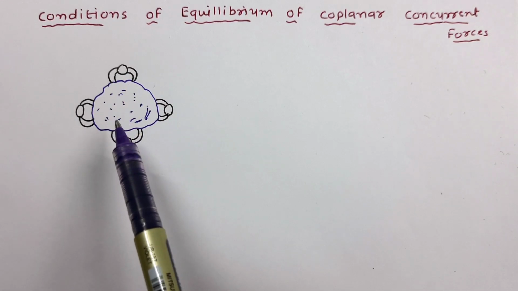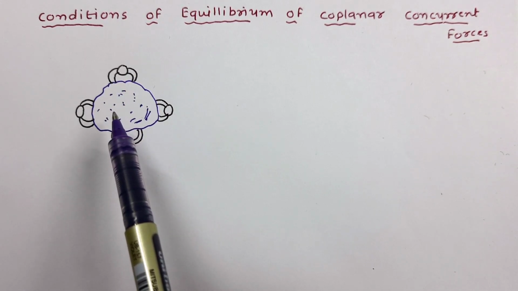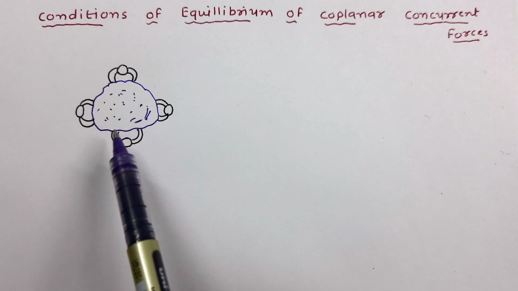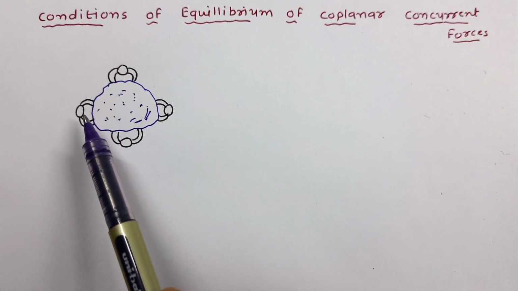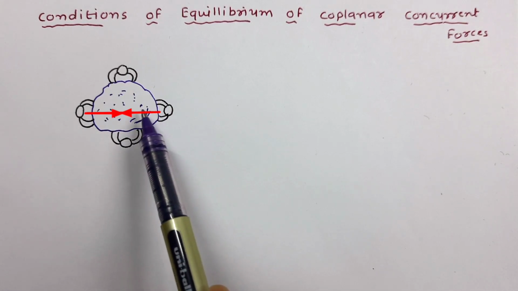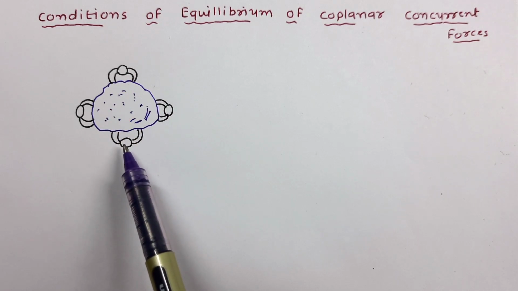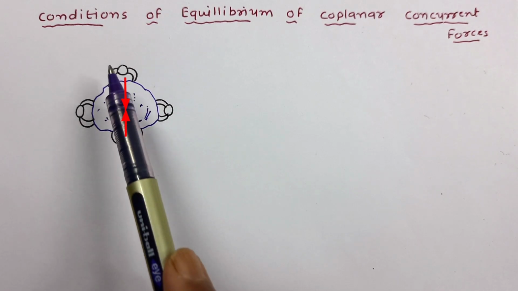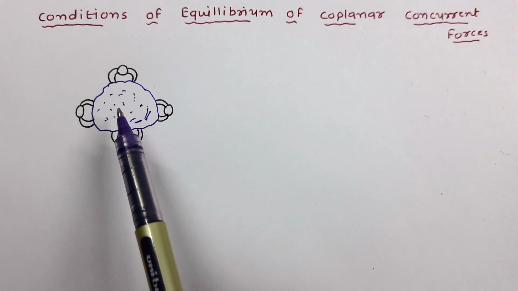So if this stone is in equilibrium condition, means it is not moving after application of all these forces, it means that the force acting by this person is same as the force acting by this person, and same way the force acting by this person is equal to the force acted by this person.